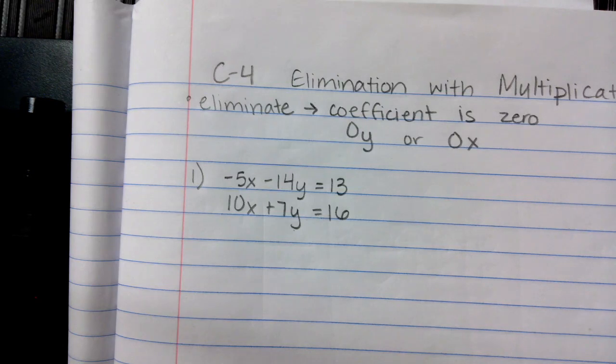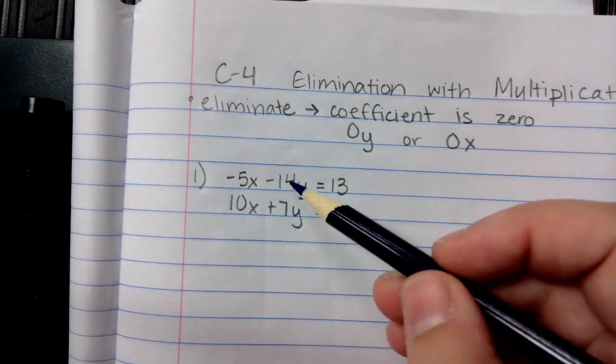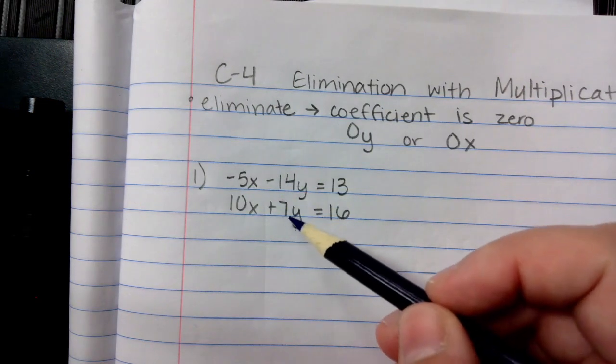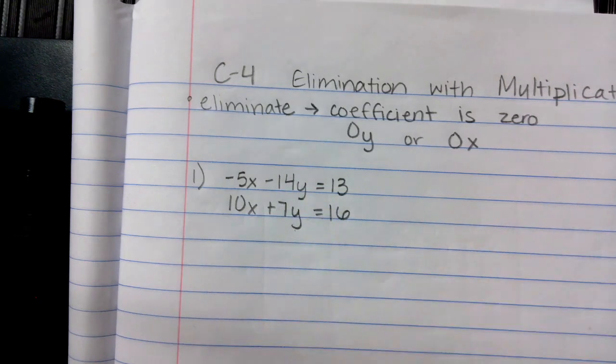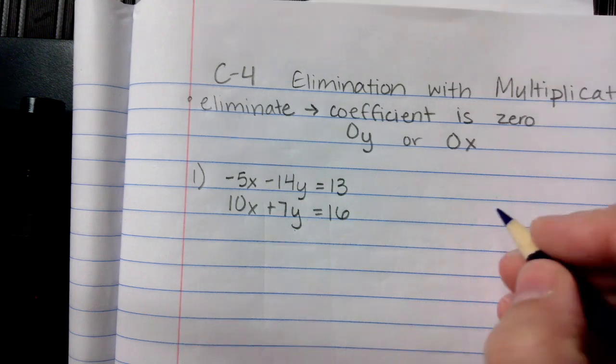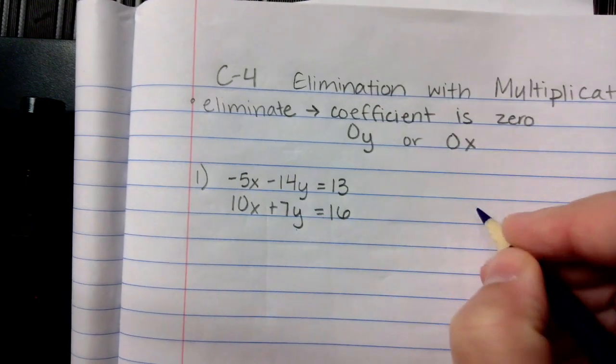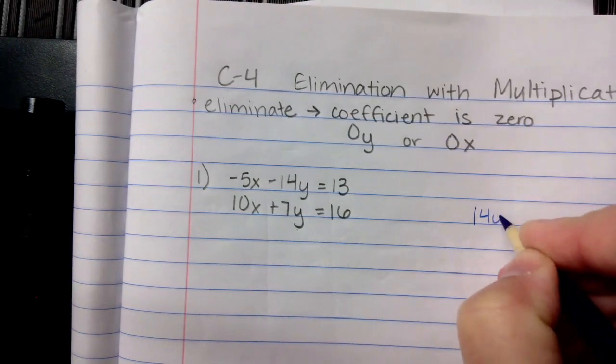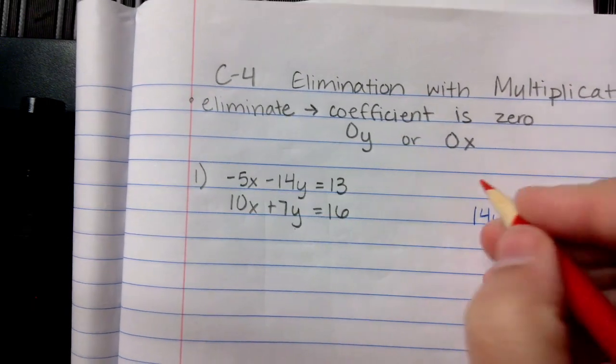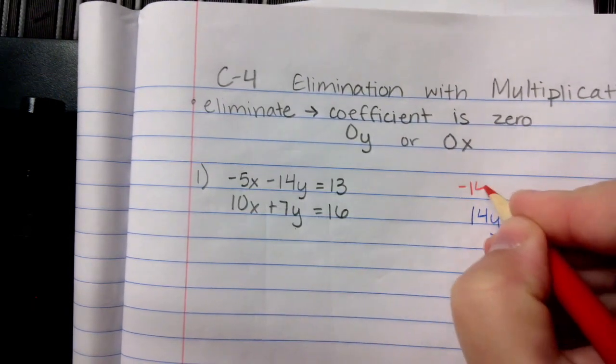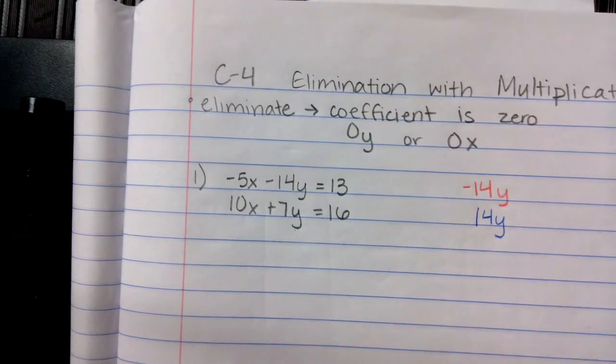So if we want to undo the y's, what number could I multiply 7 by to get that? 2. So what would I end up getting? 14. Yeah, so I want a 14y, and it's going to end up being a negative 14y. I want those y's to be the same. That's my goal.